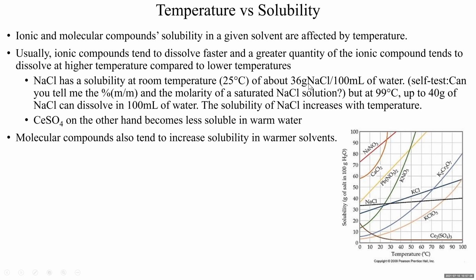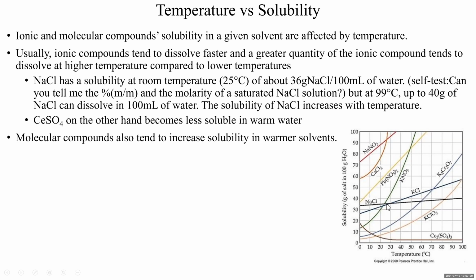Well, if you have 36 grams of sodium chloride per 100 milliliters of water, or 100 grams of water, can you tell me the percent by mass and the molarity of a saturated sodium chloride solution? A saturated solution, for any one of these compounds, is anything along these lines at the given temperature.